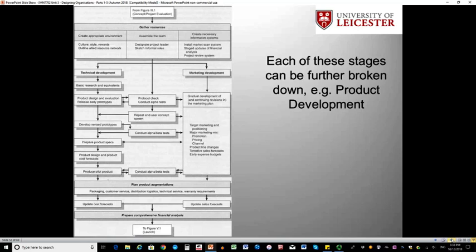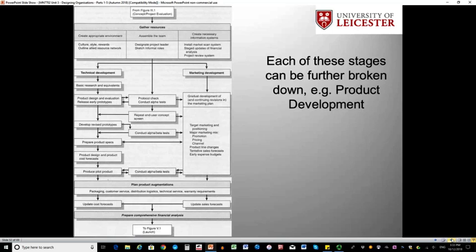So we can see that different organisations and different representations within the academic literature can actually make this stage model incredibly complex, with many sub-activities and sub-routines and many stage gates in it.